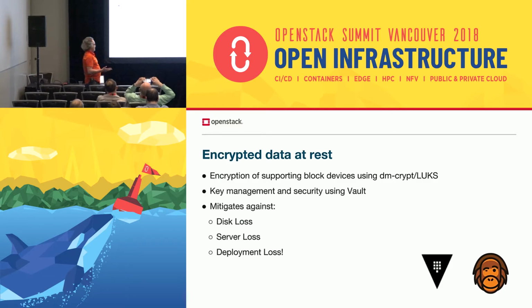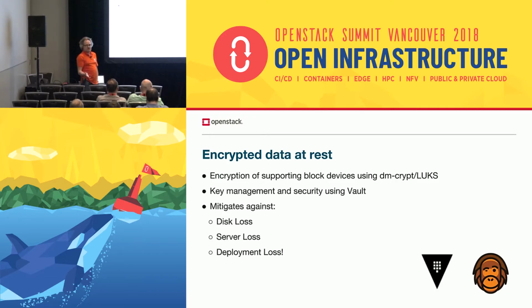Basically, the support we've delivered makes use of dm-crypt, so it's kernel level encryption, which if you're running a moderately new CPU is all in hardware, so it's nice and fast as well. We're using the LUKS on-disk format to manage that. And we've integrated this into the Ceph storage charm, the Ceph OSD charm.